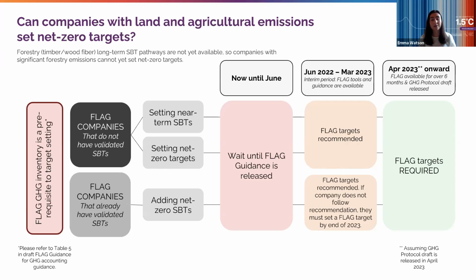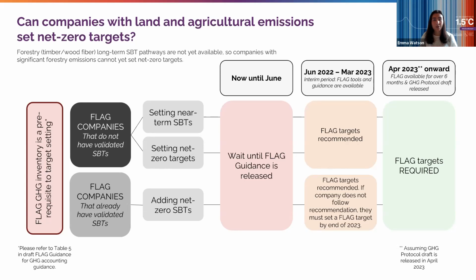However, there are some guidance documents that we do recommend companies look at now in advance of the Greenhouse Gas Protocol release. If you are interested, I would take a look at Table 5 in the draft FLAG guidance, which is available on our website. Companies can get started, or at least get a better understanding, through looking at those guidance documents.